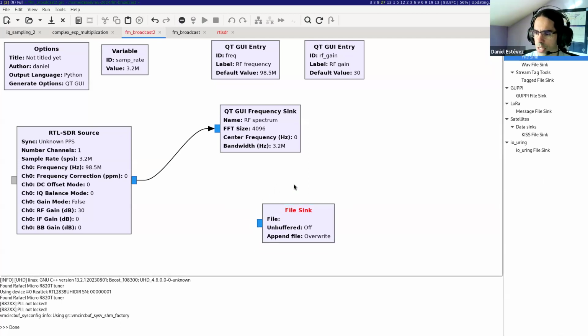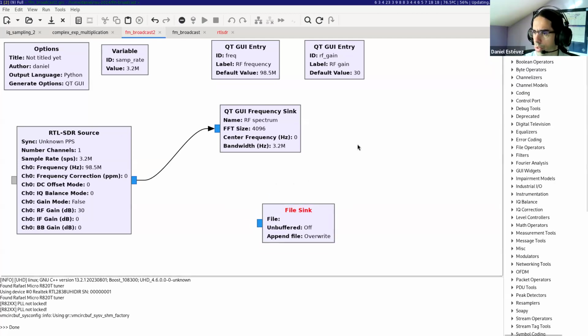I think I mentioned this last week, but what I didn't mention is how to make a recording of a specific length. Because if I hook this up directly and press play, it will keep writing to the file, and at some point the disk might become full, or you might get a very large file or whatever.